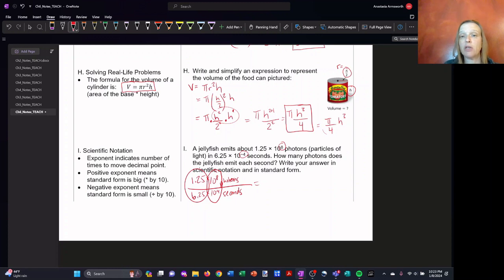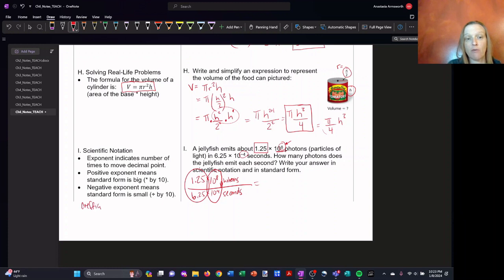In scientific notation, the number out front is called the coefficient, and then you have the power of 10. The exponent is, of course, that small number value attached to the 10. The coefficient has to be a number between 1 and 10.